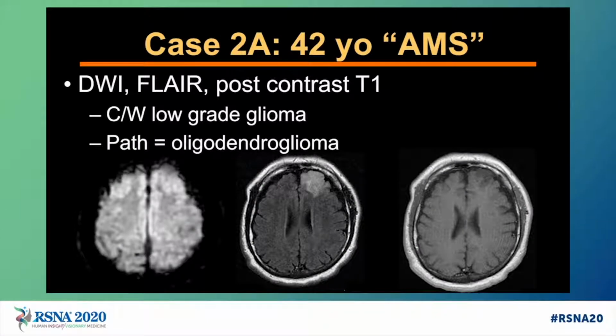On FLAIR, you can see that there's T2 prolongation. And on the post-contrast T1, you can see that there is no contrast enhancement. These findings, again, are consistent with a low-grade glioma, and at pathology, this lesion turned out to be an oligodendroglioma. I think it'd be very difficult to differentiate this lesion from a low-grade astrocytoma.